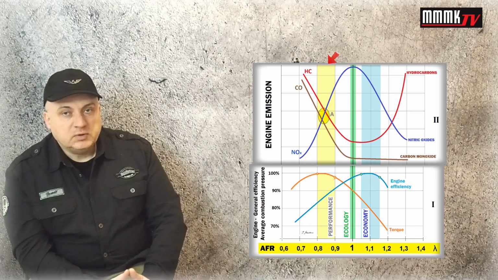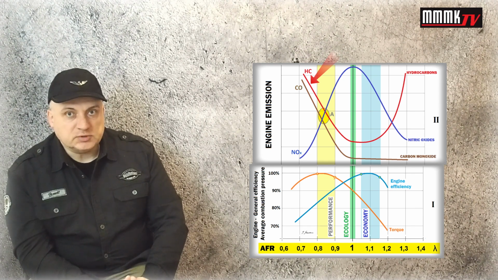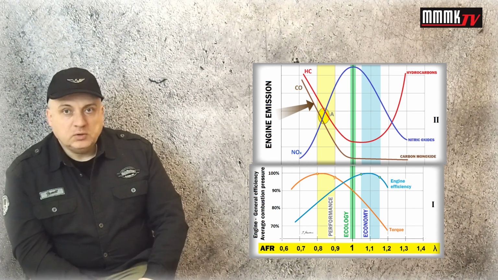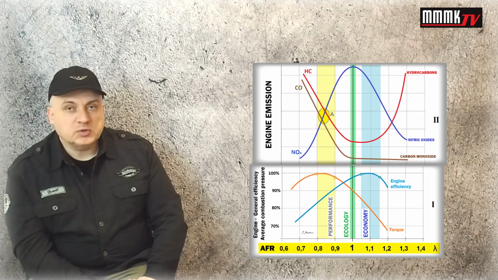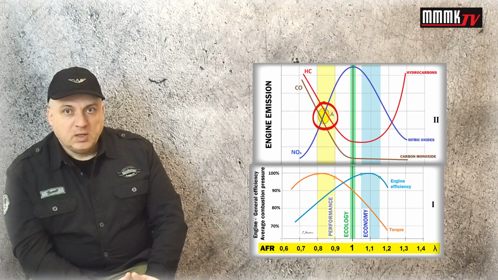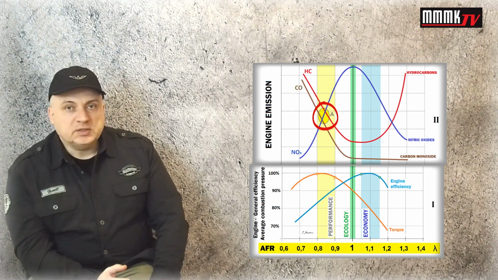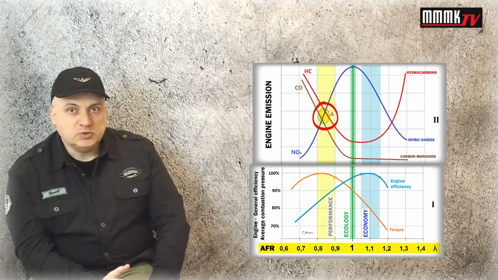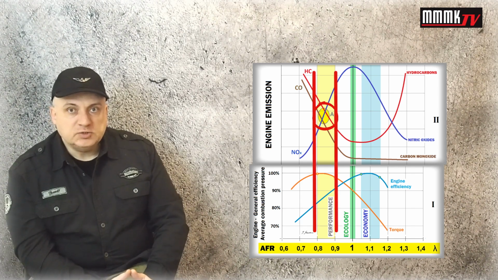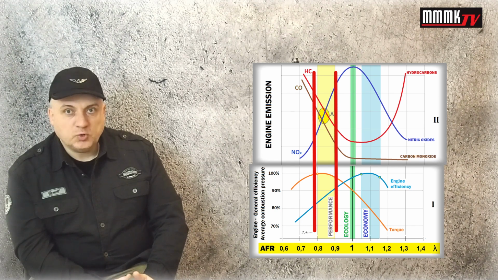The red curve represents hydrocarbons, which is unburned fuel. The blue one is nitric oxides, and the brown one is carbon monoxide. All those three curves cross each other in the area marked with the letter A. And this area is located exactly for lambda 0.8, 0.9, which is for the highest engine performance, the highest torque.